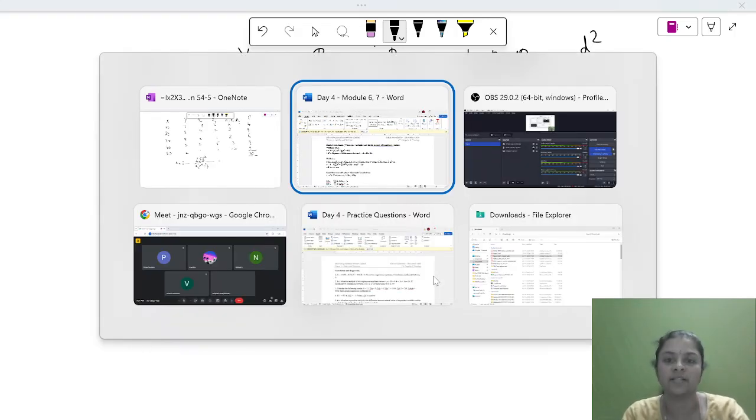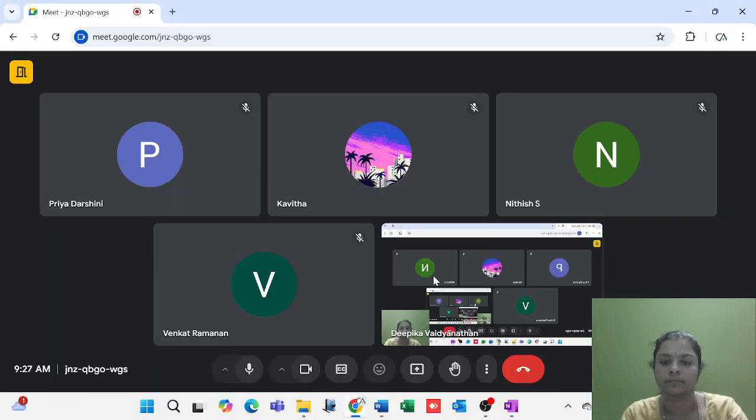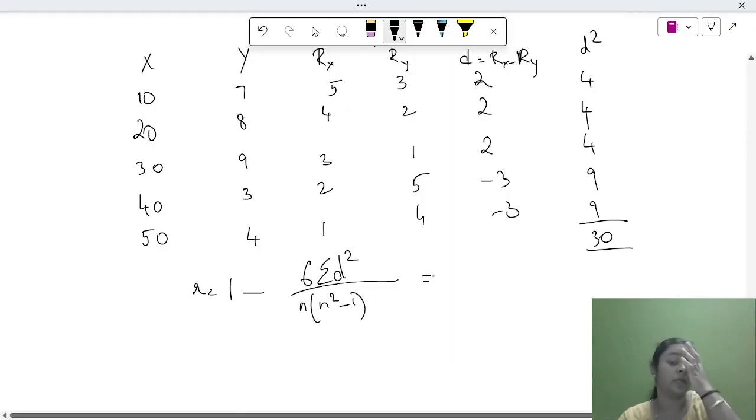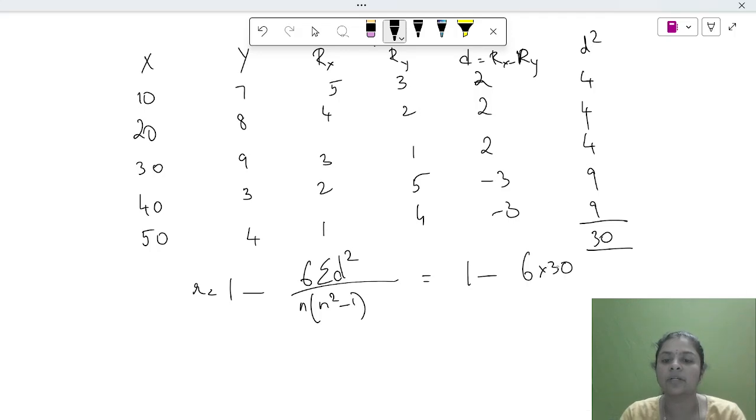Okay, so let's check the answer. R is minus 0.5, is what he's giving me. So let's check. 1 minus 6 into 30 divided by n, which is 5. So 5 into 5 square, 25 minus 1. So 1 minus 180 divided by 5 into 24, which is 120.